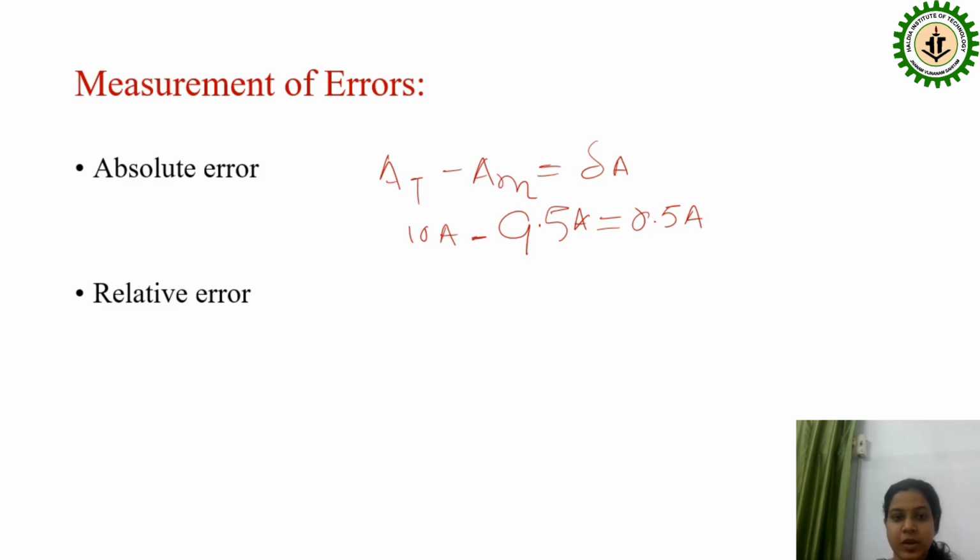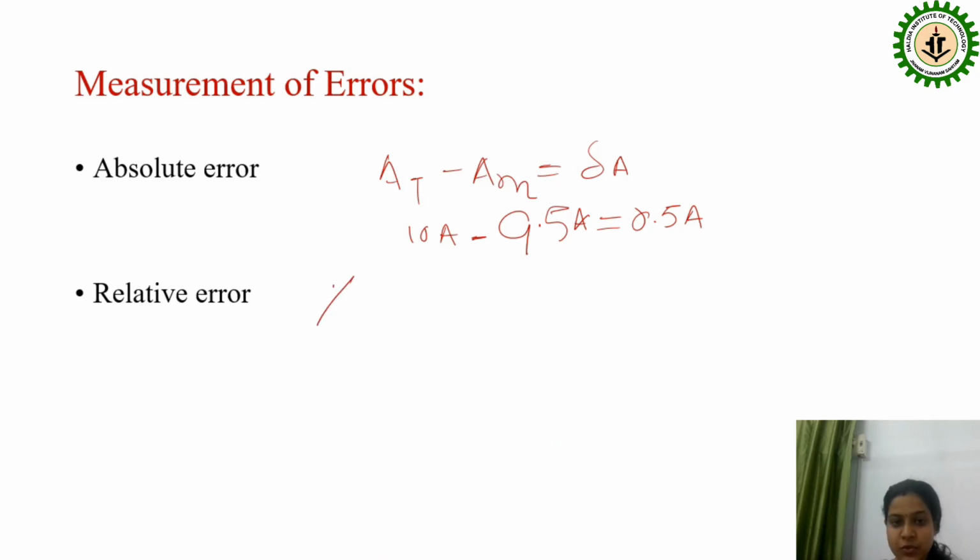Okay, and what is relative error? It is defined as the difference between the true value and the measured value with respect to the true value. Actually, this relative error is represented in percentage form.